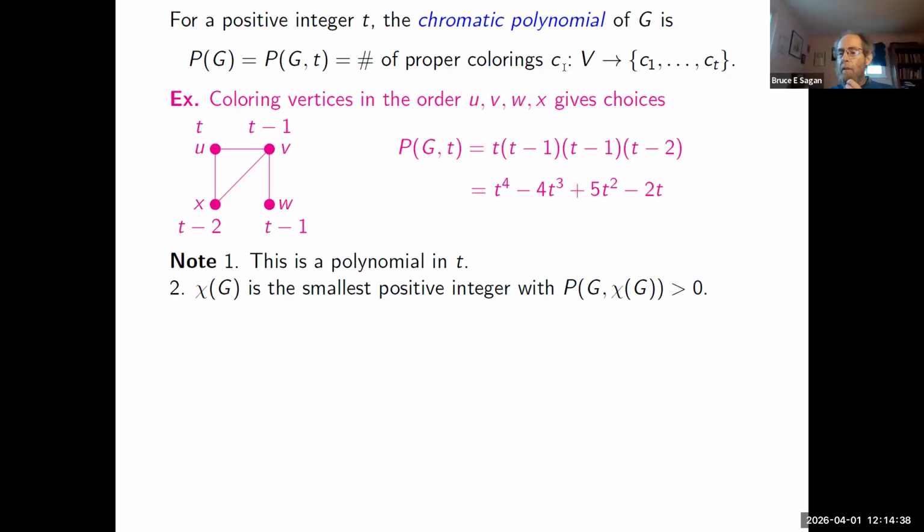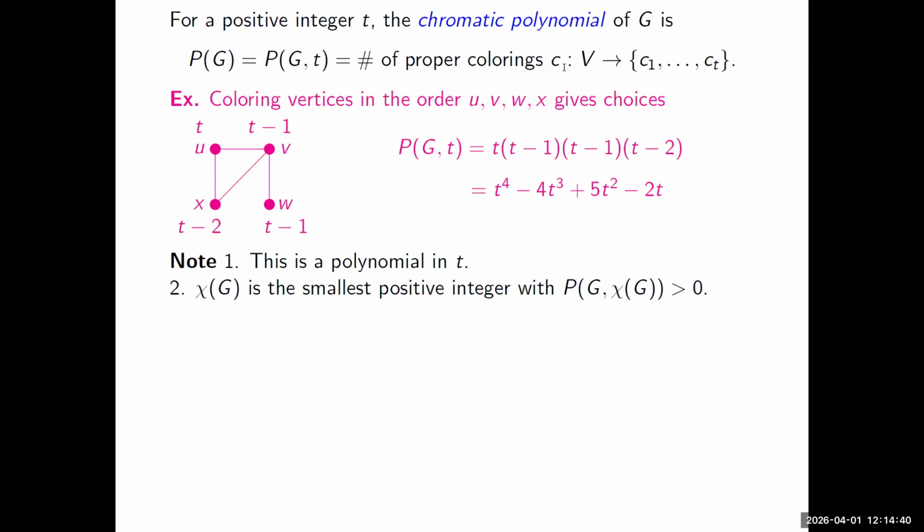Exactly. But is there any graph that jumps from T to T minus 2 without going through T minus 1 maybe? So we don't have a root, but we have only negative parts?